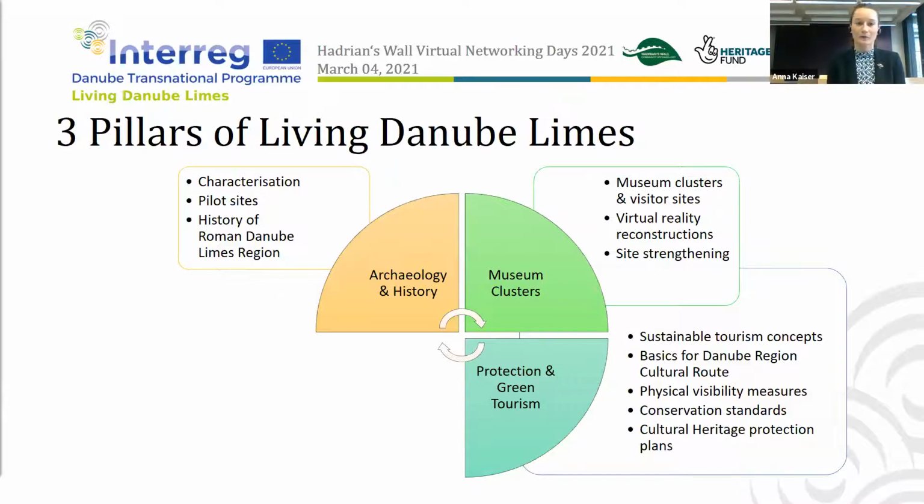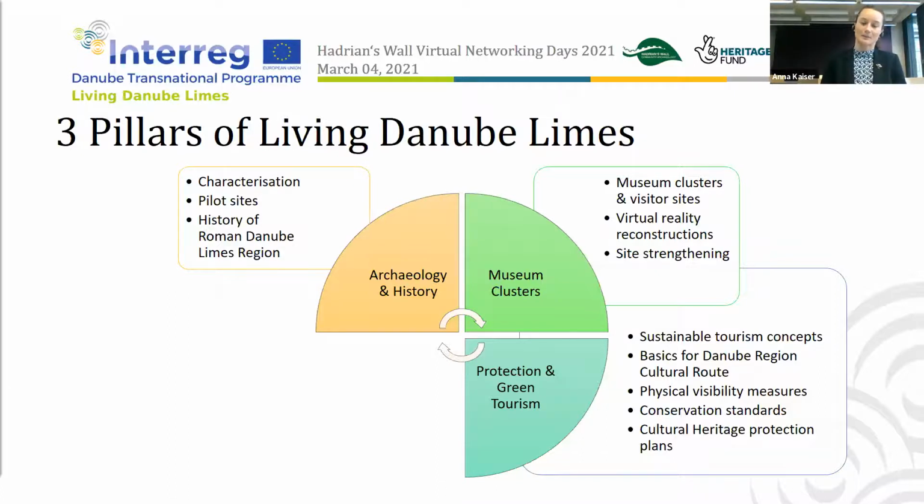In there, you will find from the first pillar information on the Danube Limes itself, on its history, archaeology, and on the pilot sites we chose and are going to work with for the next 2 years. Then we are going to include information on the different museum clusters and visitor sites.